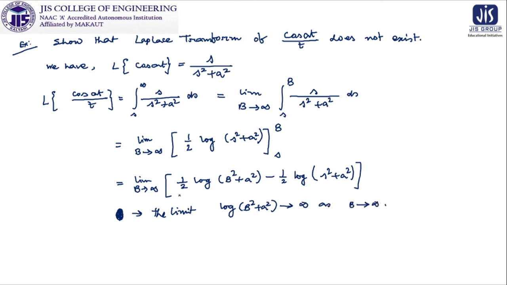So finding out the first part, this limit, is creating a problem for us. Are you getting the point clear? This part is not having any problem, but the first part goes to infinity as b tends to infinity.